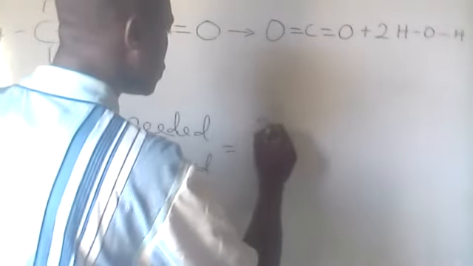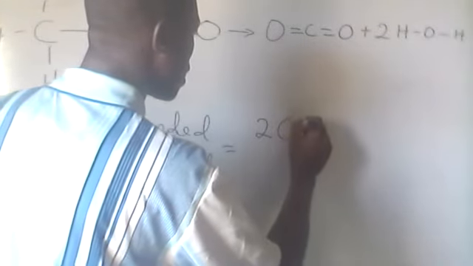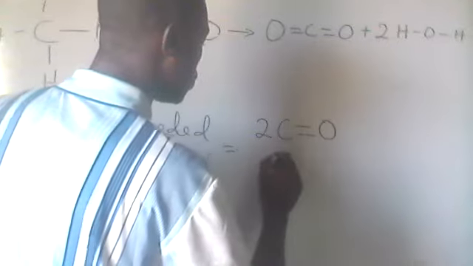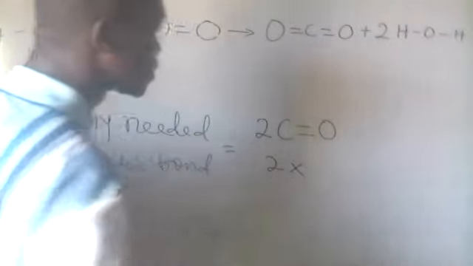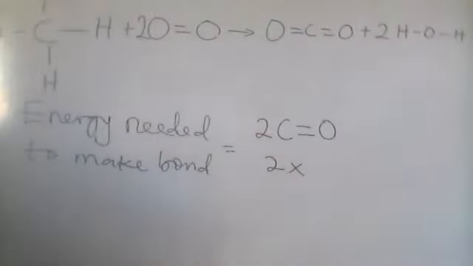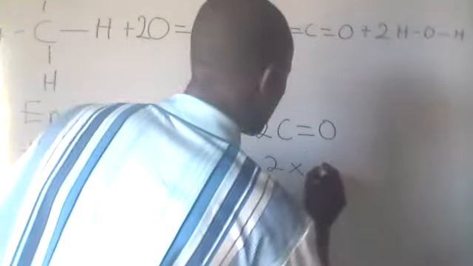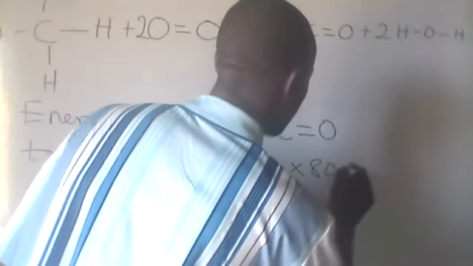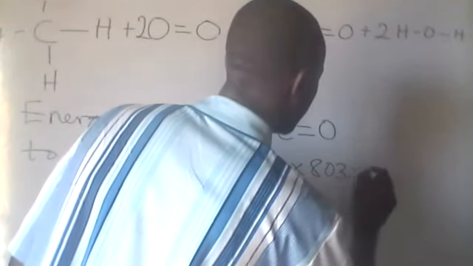This, we have 2 carbon to oxygen, and that is 2 times the value of the bond energy. That is going to give us 803. 2 times 803.